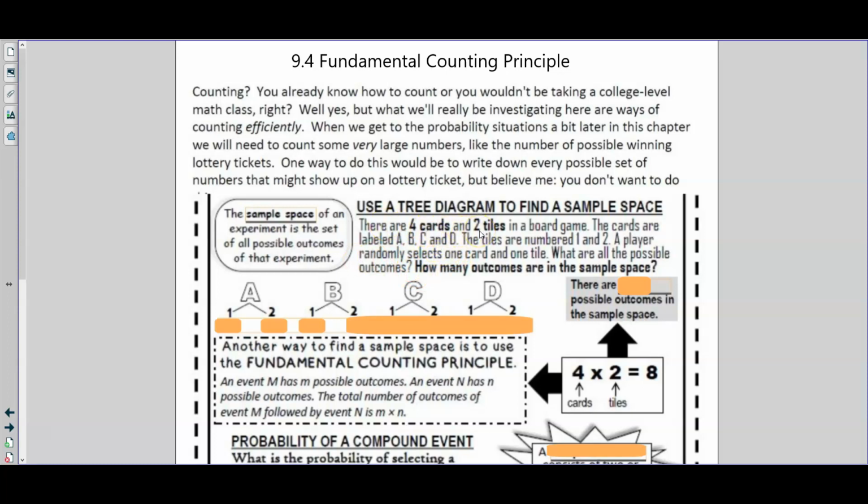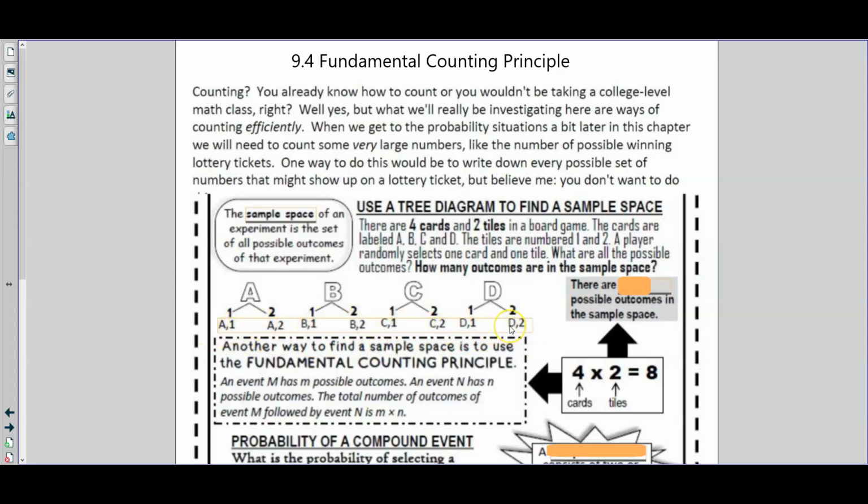The cards are labeled A, B, C, and D, and the tiles are numbered 1 and 2. So if you think about it, you got 1, 2, 3, 4 cards, and each card has 2 options, A1, A2, or B1, B2, C1, C2, and D1, D2. So altogether, if you look at it, these are all the final choices here.